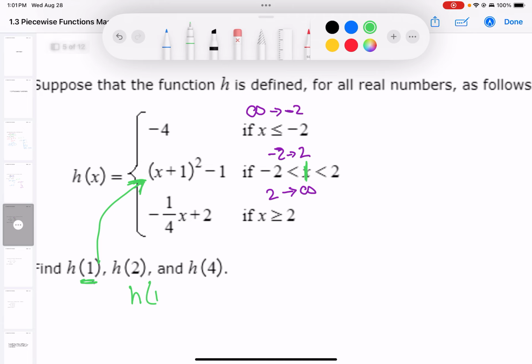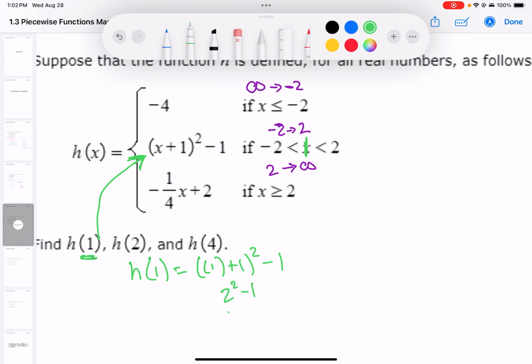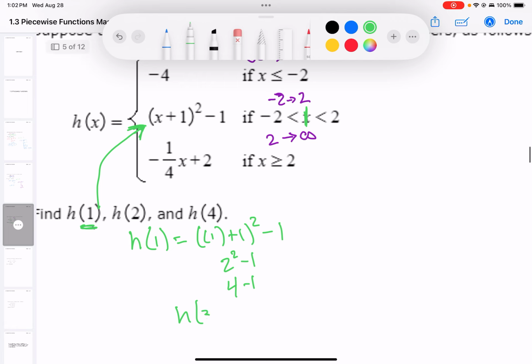So h of 1, that just means y, right? It's a function, equals, and then I got 1 plus 1 squared minus 1. 1 plus 1 is 2 squared minus 1 is 4 minus 1, which is 3. So h of 1 equals 3.